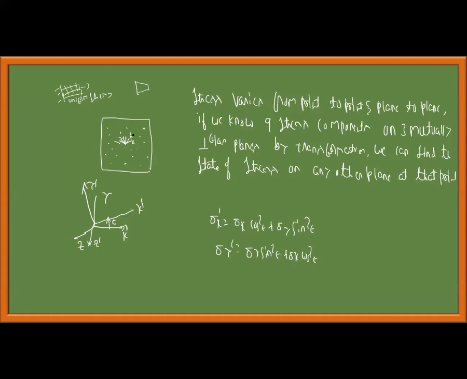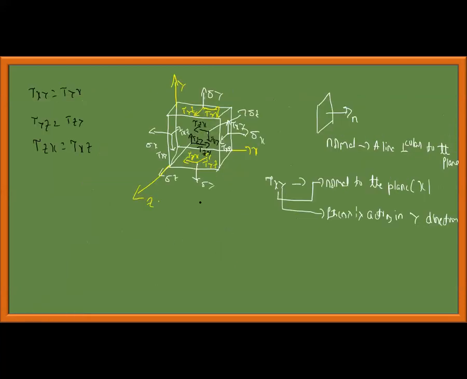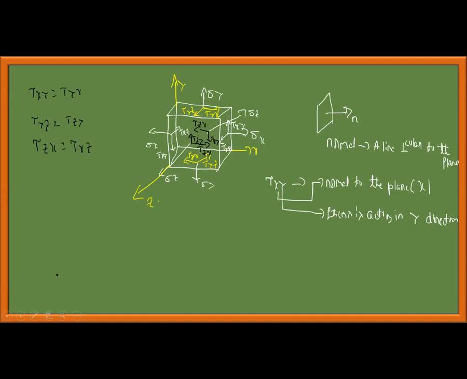That you should know. Transformation in the sense of using the given magnitudes. In this case, I know the state of stress sigma x, sigma y, sigma z, and by using transformation, I'll find the state of stress on any other plane. This is the fundamental. Okay. Now coming back to this, tau xy in the sense the normal to the plane is x, and stress is acting in the y direction.